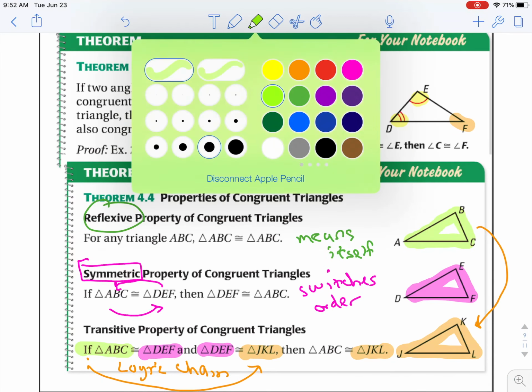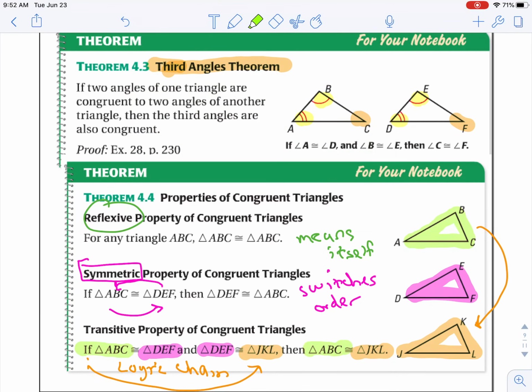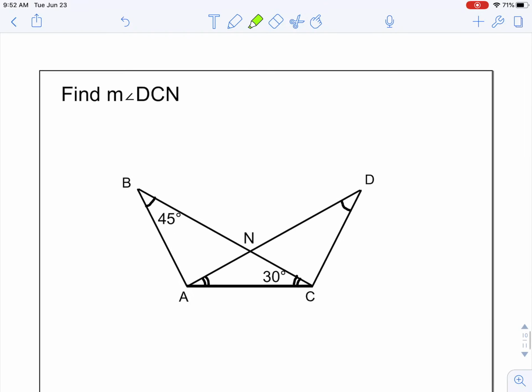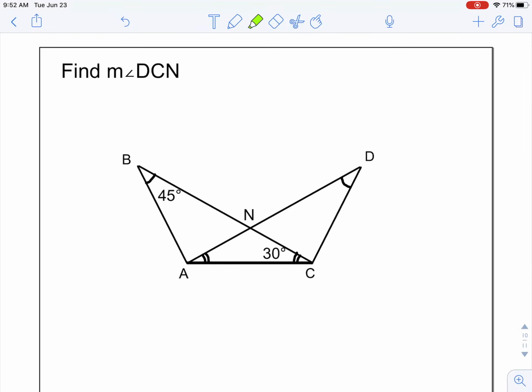So there's your sort of logic chain. And those properties will also come back up, so try to understand and remember what the differences are between them.